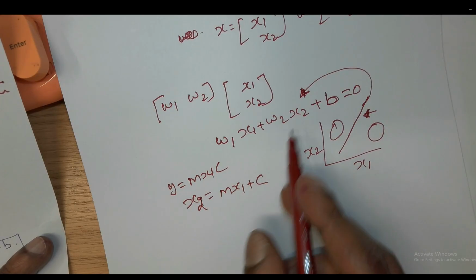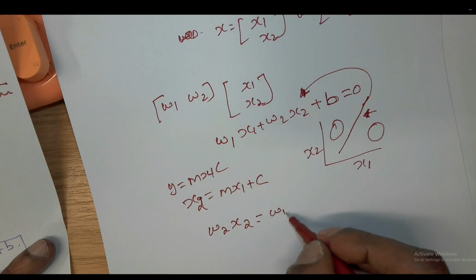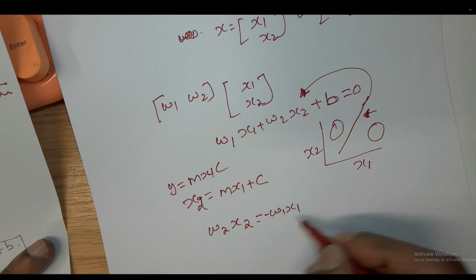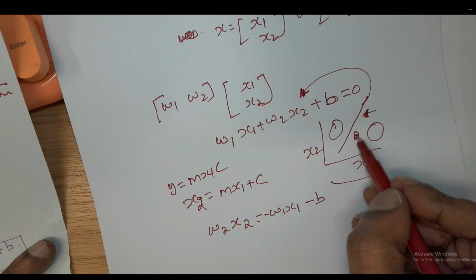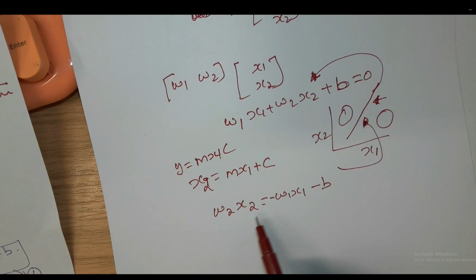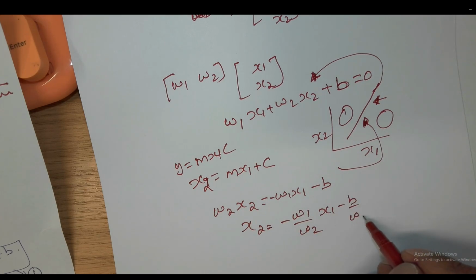So how do you write that? So w2 x2 is equal to minus w1 x1 minus b. So this will be the equation of hyperplane for our data. So x2 will be equal to minus w1 by w2 x1 minus b by w2.